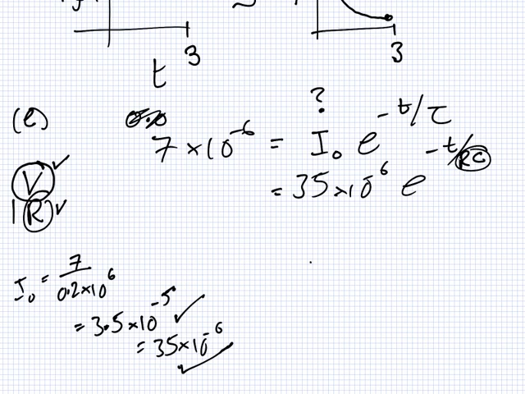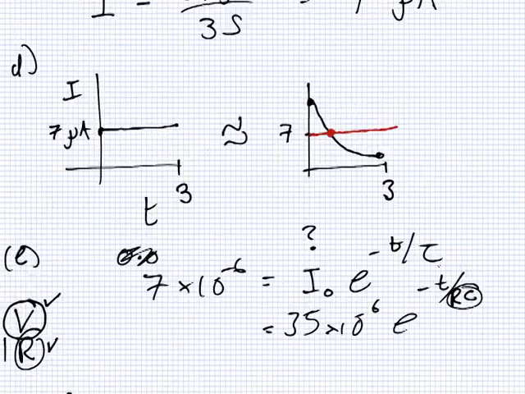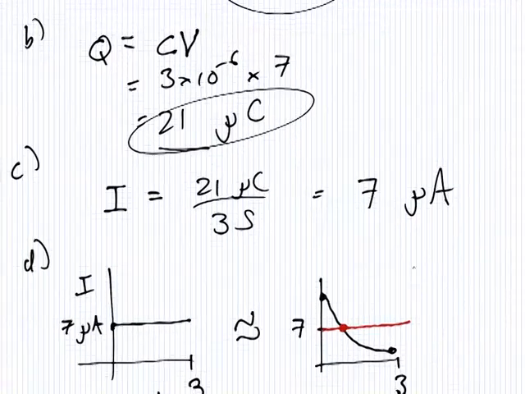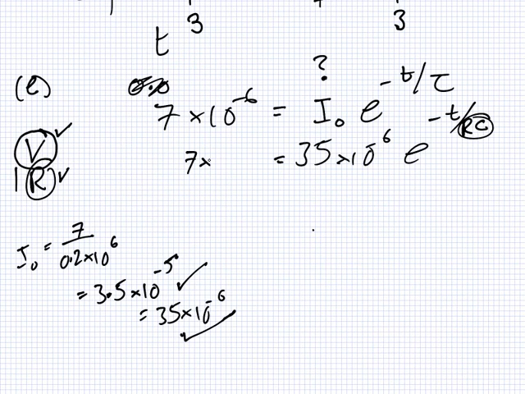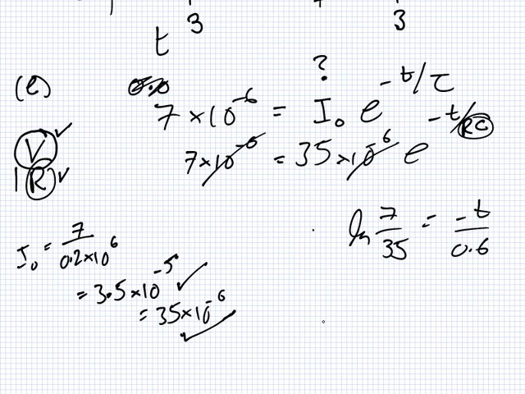What's RC in this question? 0.6? Okay. No, don't pack up. I'm nearly finished. Log 7 over 35 equals minus t over 0.6. So the time will be 0.6 times minus log 7 over 35. That should be something like, I don't know, 1 second.